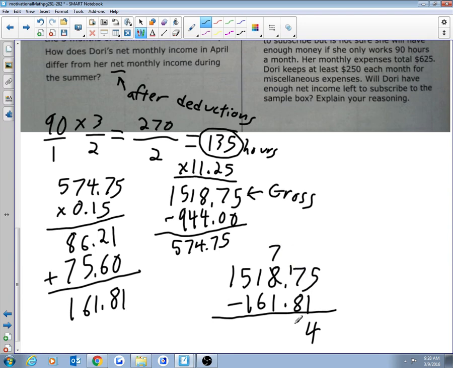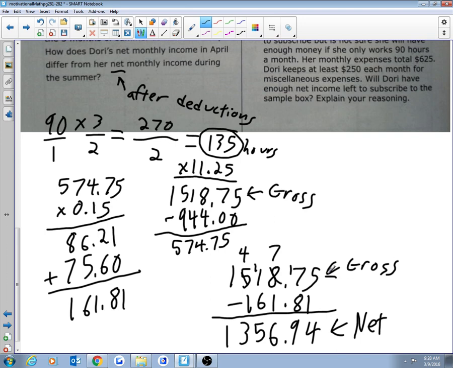This is 17. It's 9. 6. 4. 11 minus 6 is 5. 4 minus 1 is 3. And then we got 1. So that's her net income. This is after deductions. Her gross income was $1,518.75. She had to pay $161.81 in tax. That's the deductions. And so now we have her net income.